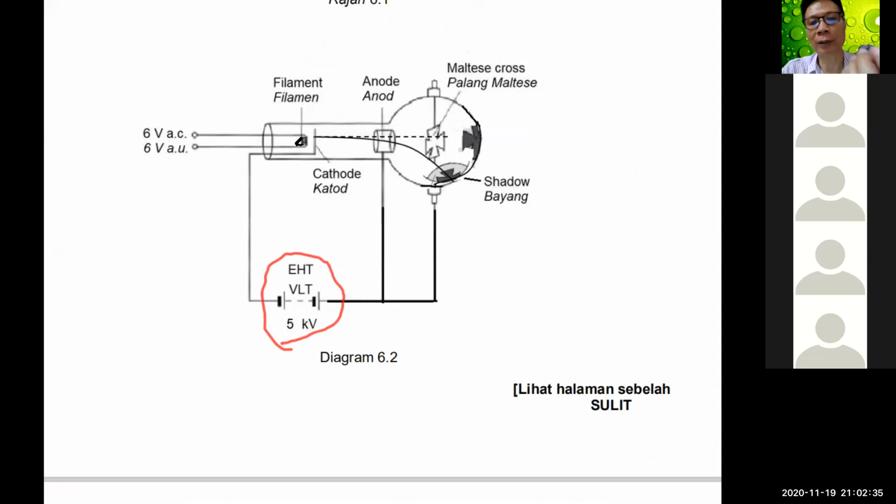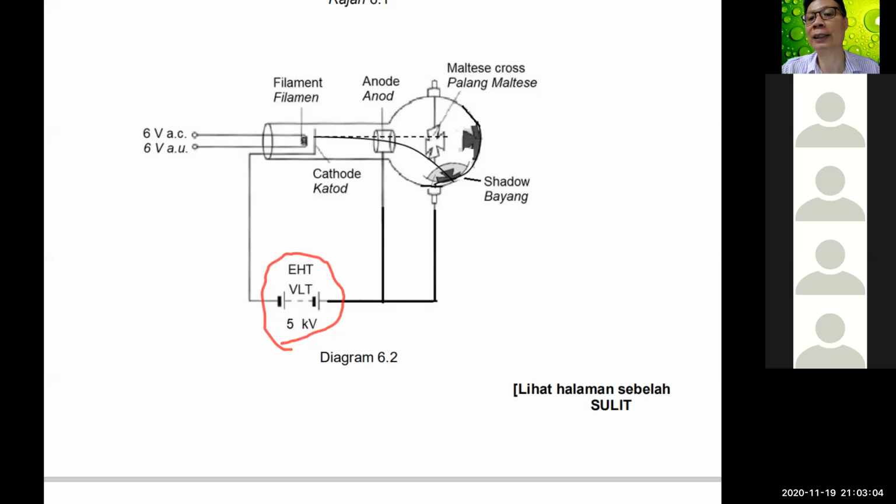The filament becomes hot, so it will heat up the cathode. Cathode only releases the electron. The electron won't fly. The electron will stay here until you turn on the high voltage. So this high voltage, because the voltage is too high, it will push the electron to fly. Understand? That's why you need to have the high voltage. The high voltage is the one that accelerates the electron.